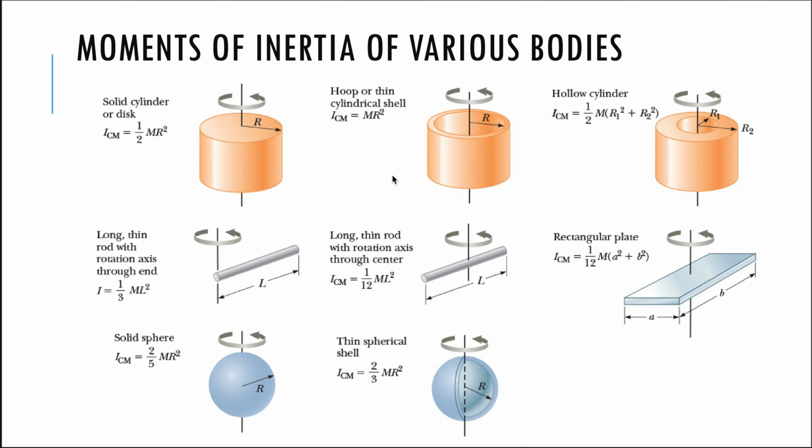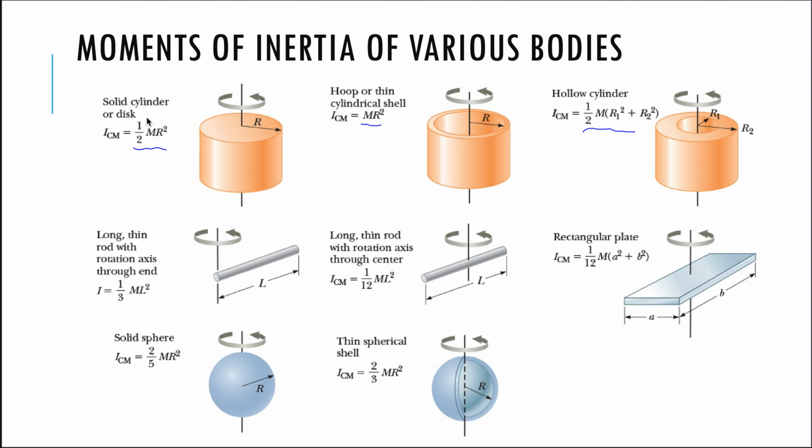On this slide, I have the moments of inertia of various rigid bodies, and rigid just means that they're not deforming as they're spinning. And all of these expressions can be derived by taking the integral that we just learned about. We will do a couple of examples in the next video, but I just wanted to show you that these expressions line up with what we've learned conceptually about moments of inertia.